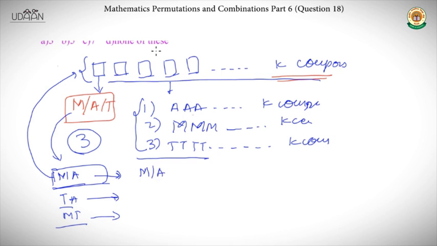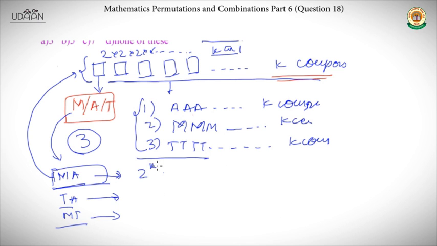So when I draw these k coupons, each coupon has two possibilities, and drawing of each coupon is independent. So I can draw these k coupons in 2 into 2 into 2 into 2, till k times, these number of ways, so that I get either M or A. So we get 2 to the power k. Exactly.